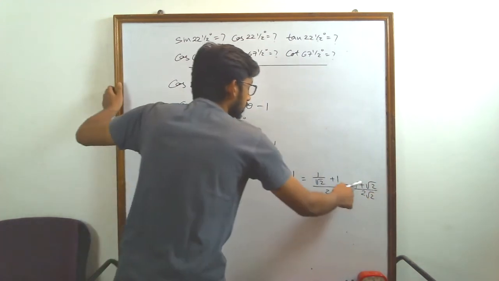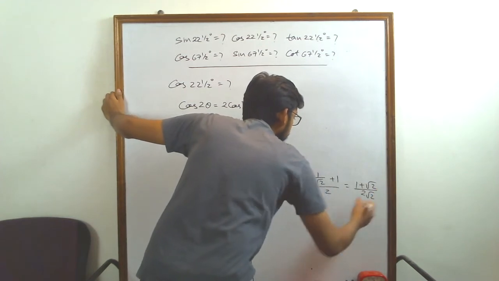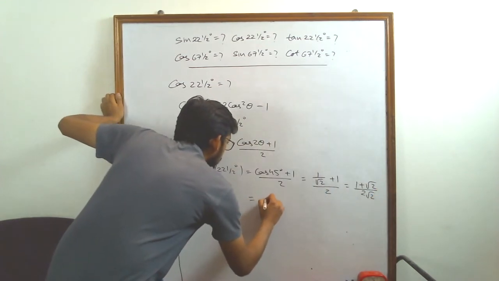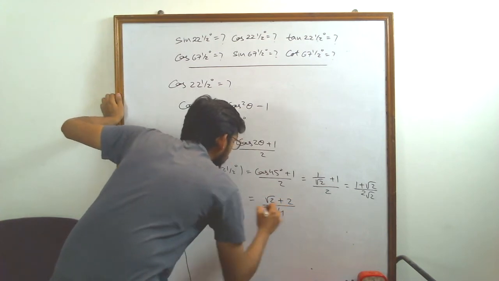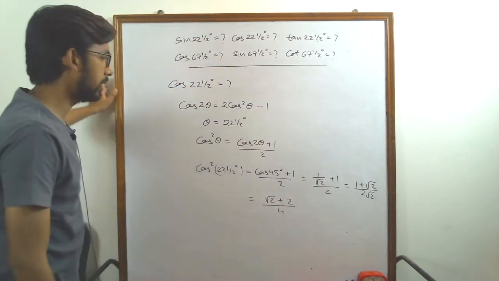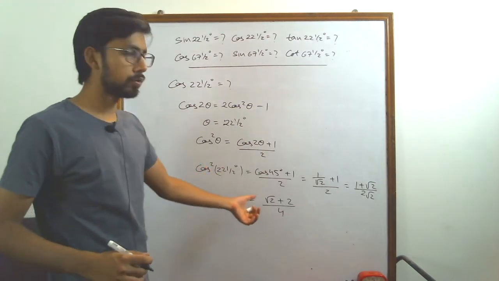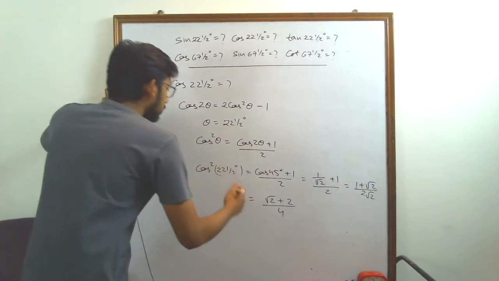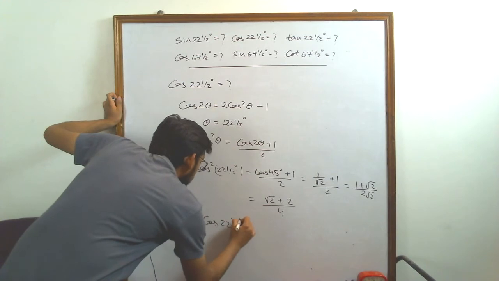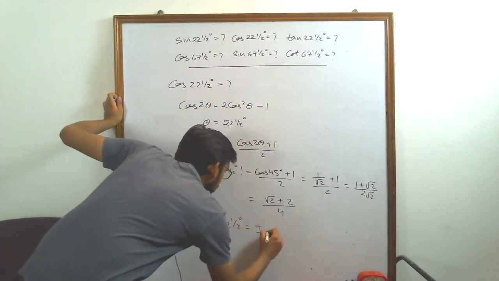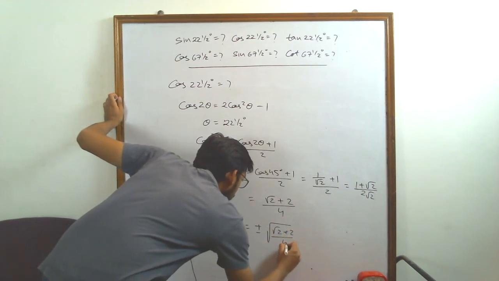We can rationalize the denominator by multiplying by root 2 in the numerator and denominator to get root 2 plus 2 upon 4. Correct? Now cos square 22.5 degrees is root 2 plus 2 upon 4. If I take the square root, I will get cos of 22.5 degrees is equal to plus minus root of root 2 plus 2 upon 4.